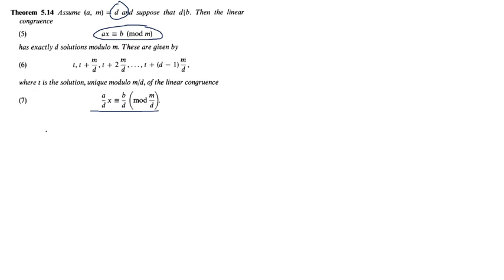So given that GCD of A and M is equal to D and D divides B, then by the previous theorem we can say that Ax congruent to B mod M has a solution, and let it be x naught.